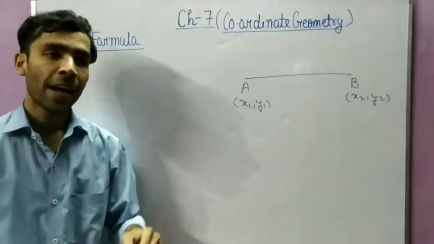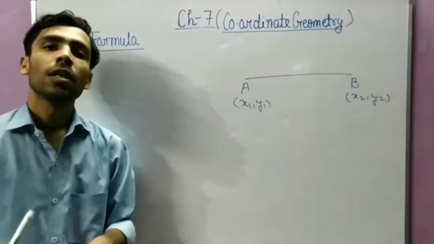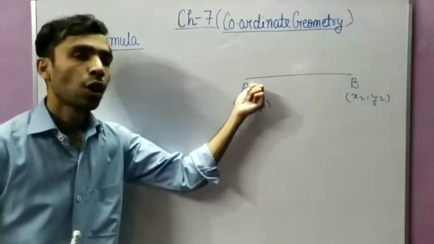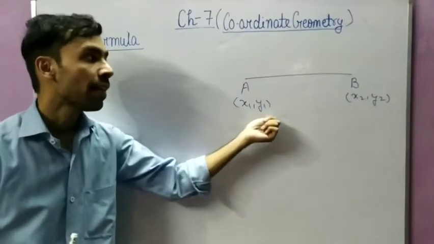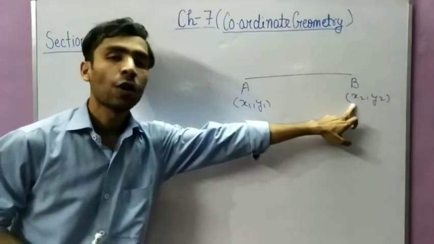Because we all know every point has its own coordinate. So point A will have a coordinate like x1 y1, and point B will have a coordinate like x2 y2.